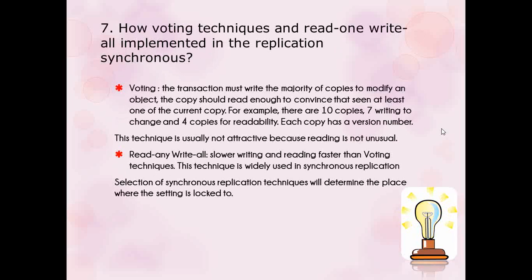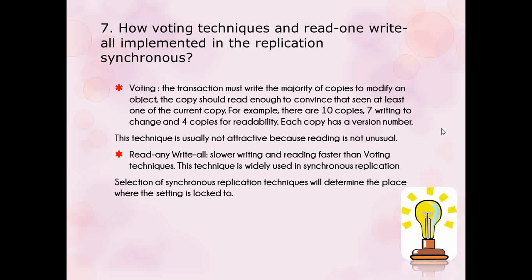So in voting, a transaction must write to the majority of copies to modify an object. The copies read should be enough to confirm that at least one current copy has been seen. For example, there are 10 copies, 7 written to change, and 4 copies read. Each copy has a version number.